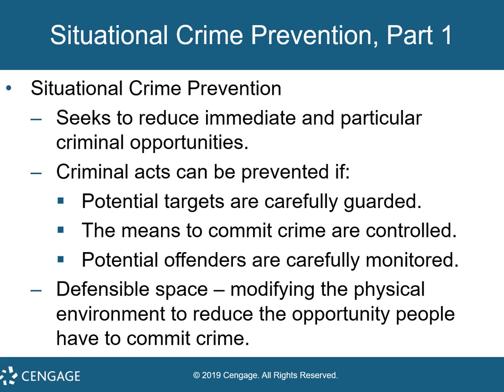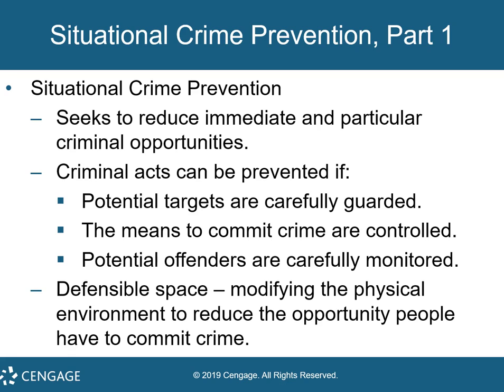And strategies such as target hardening that we're going to look at and improving surveillance are designed to do just that. So what are some of these strategies? Again, this crime prevention approach seeks to reduce the immediate and particular criminal opportunities. And criminal acts can be prevented if targets are guarded, are more hardened, if you will, the means to commit the crime are more controlled, and potential offenders are carefully monitored.